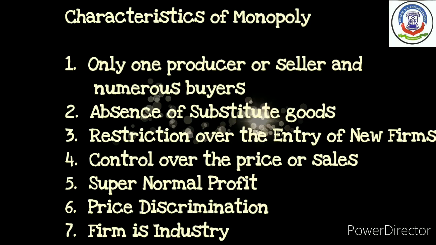First characteristic of monopoly: only one producer or seller and numerous buyers. There is only one seller or producer, so it has complete control over the supply of the goods in the market. There is no element of competition, so the monopolist firm is known as a price maker.